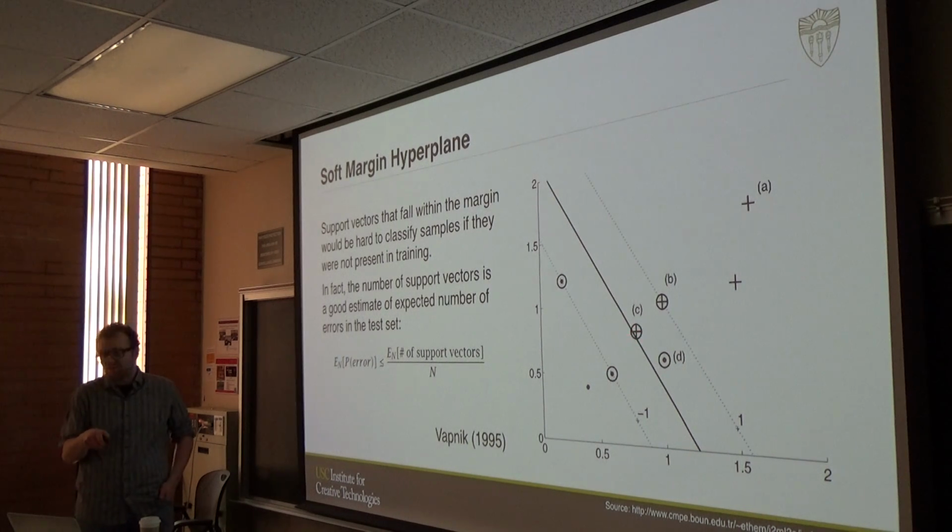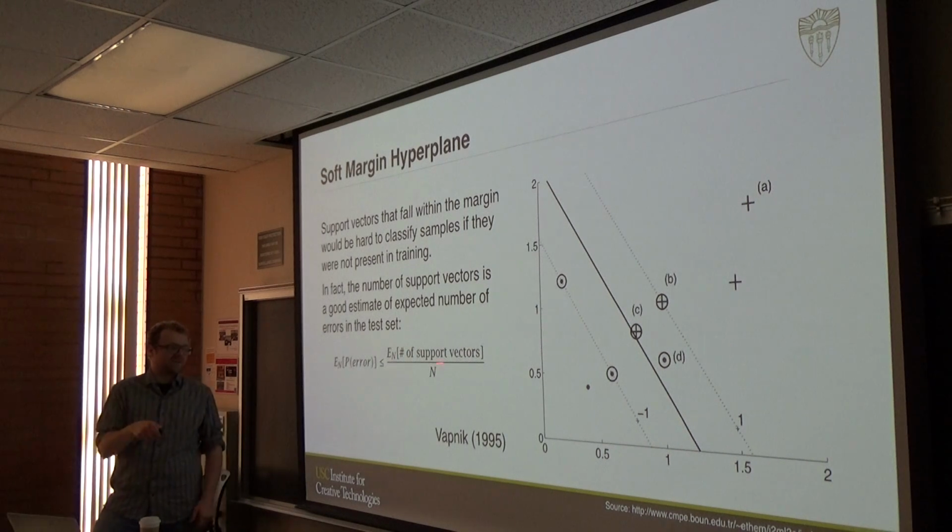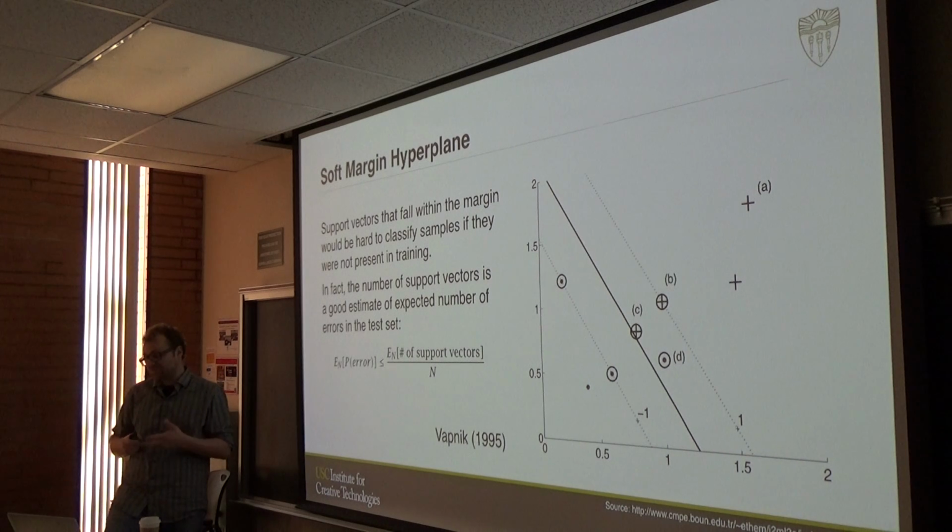It might be on the other side. It's kind of an approximation of the expected error on new data, based on the number of support vectors that are needed for the model, normalized by the number of observations. So if I have a very large problem, I can have many support vectors in there, but if I have a very small problem and I still need many support vectors, that might be an indication of how difficult that problem actually is. Okay.